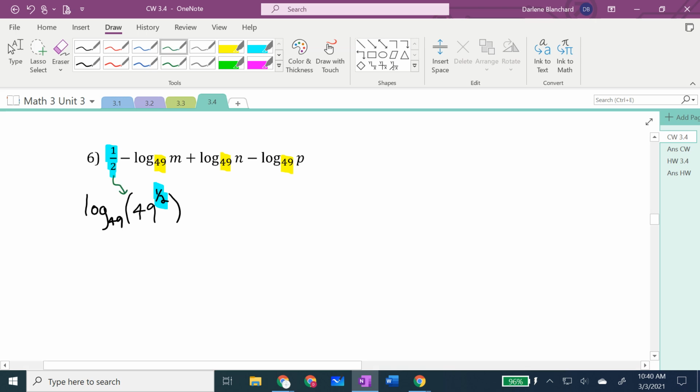Now, after you do that, let me rewrite this now, log base 49 of, you want to simplify what is in that parentheses, the 49 to the 1/2 power. A 1/2 exponent means square root. And what is the square root of 49? You got it.